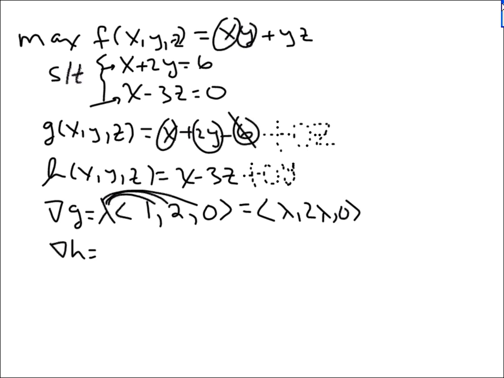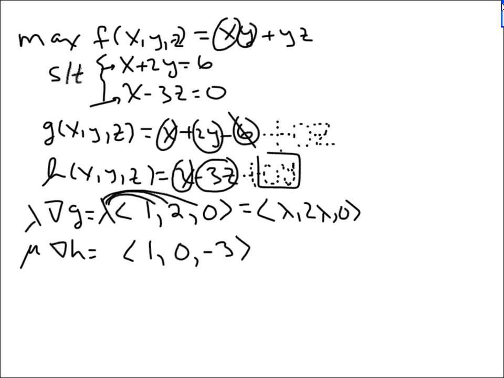The gradient of h is, well, there's only one term that has an x in it. Its partial is 0. There's only one term that has a y in it. Its partial is 0. There's only one term that has a z in it. Its partial is negative 3. And we multiply by mu. And we get mu times 1, mu times 0, mu times negative 3.